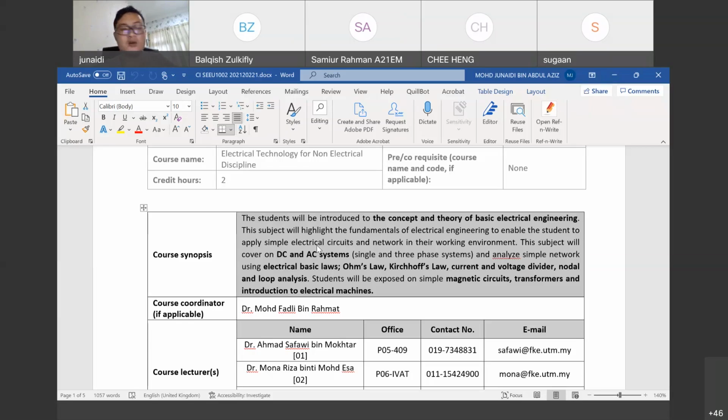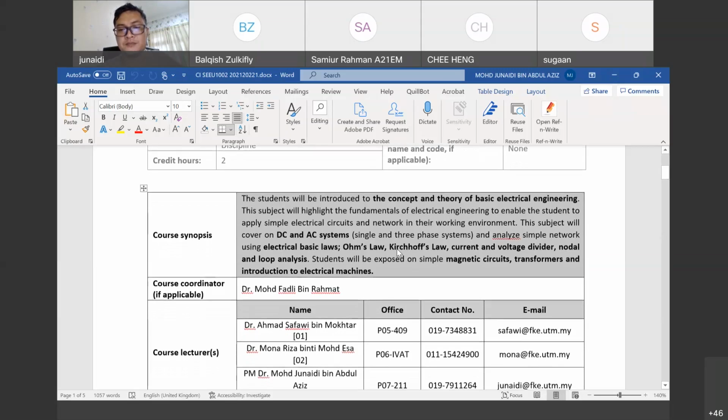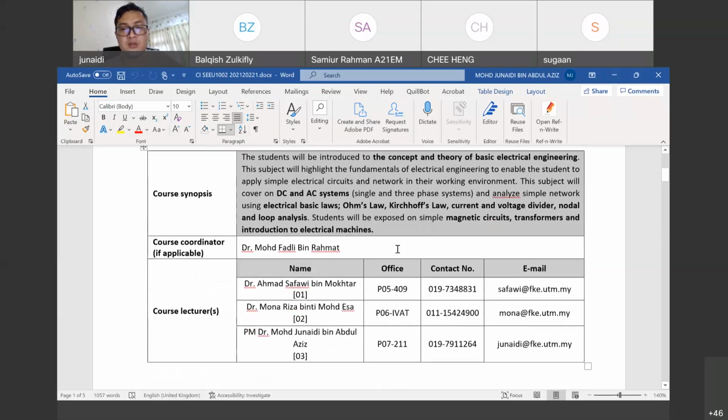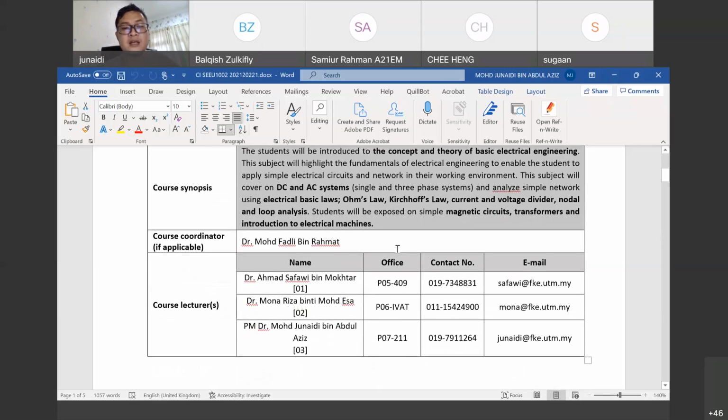No electrical, of course no class. No electrical, then you cannot have this online class. No electrical, no internet. So basically electrical is very, very crucial for our society and our life.